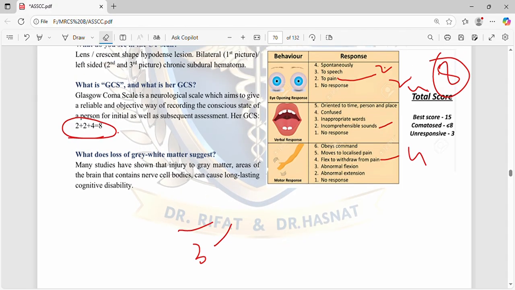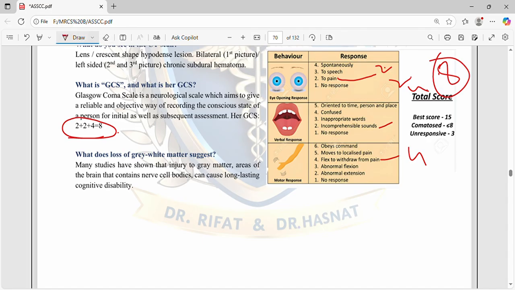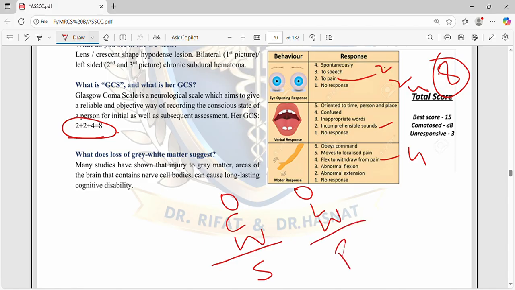The next is verbal, which I remember as OCWS. And I combine this with the motor response, like OCWS for verbal, and OLWFE for motor.